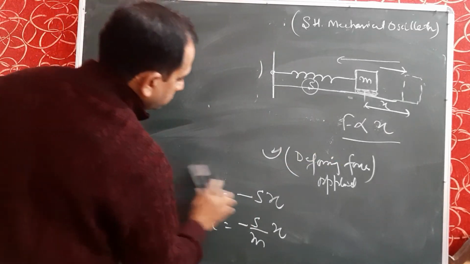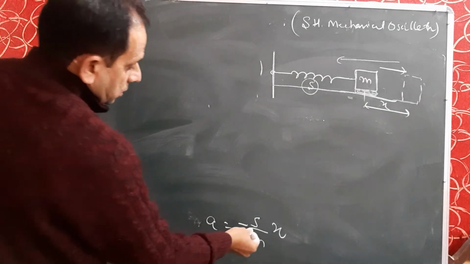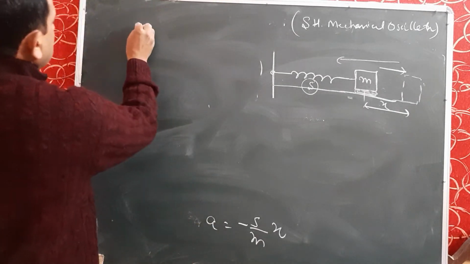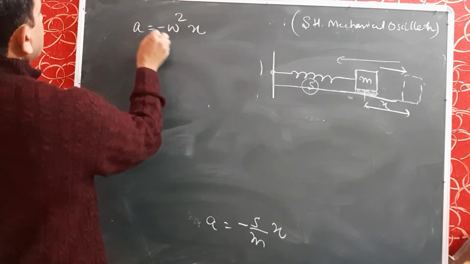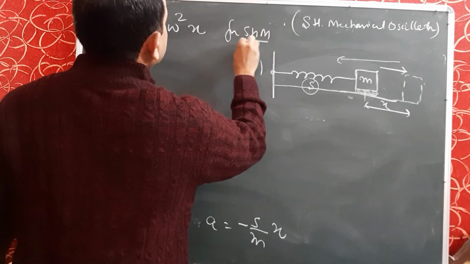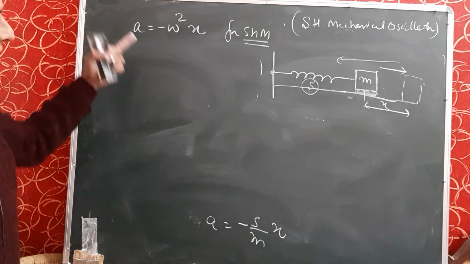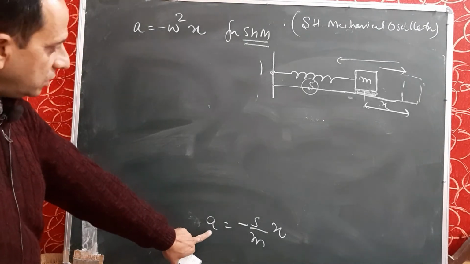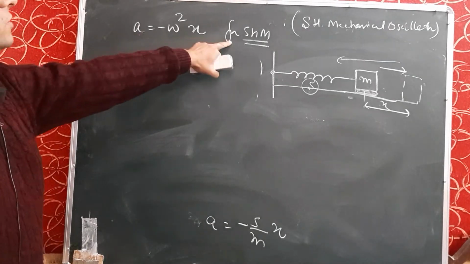So in this equation, a is equal to minus omega square x. This equation is valid for simple harmonic motion, which we have already studied and proved. So compare this acceleration with this acceleration. This is the acceleration obtained from the spring mass problem, and this is the standard formula for SHM.